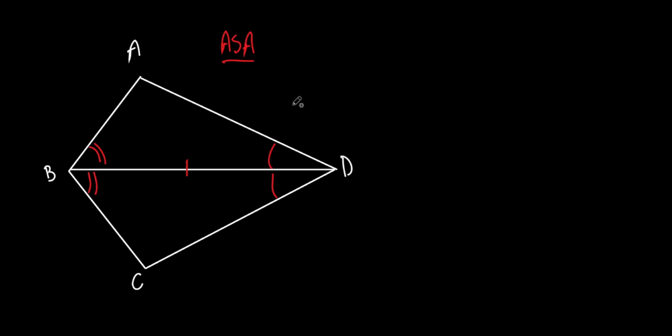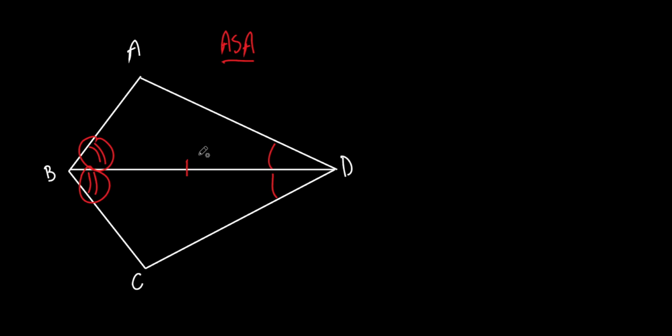So what is the thing that I had to put in there? I already knew that BD was equal to BD, right? But what additional information, other than what they give you, would we have to know in order for these triangles to be congruent? This right here is really not additional information. That's information they already gave you, right?